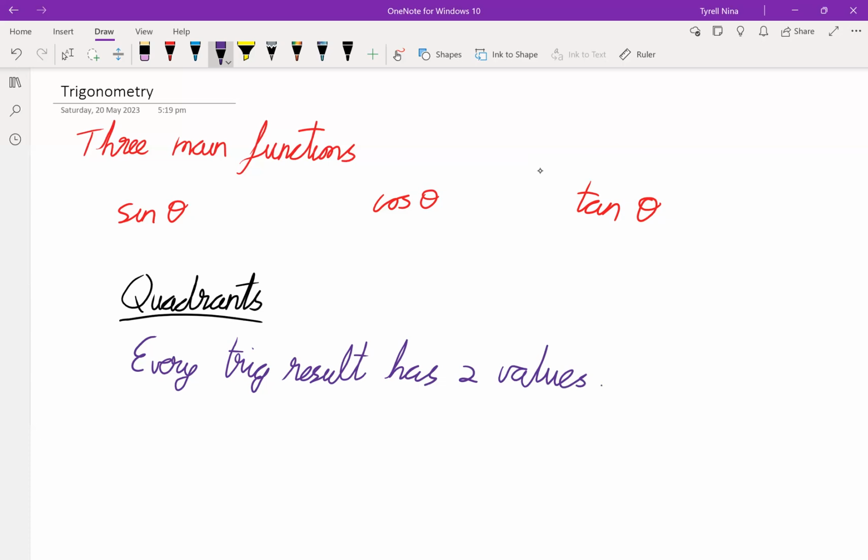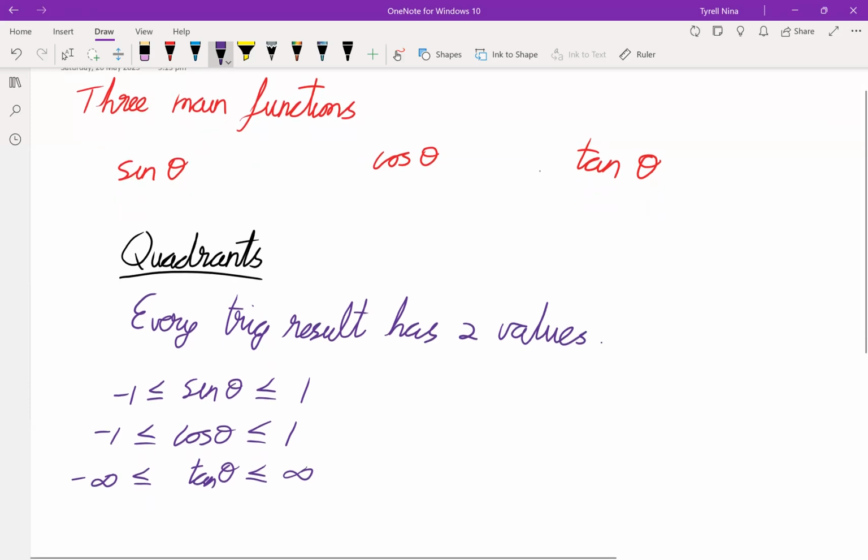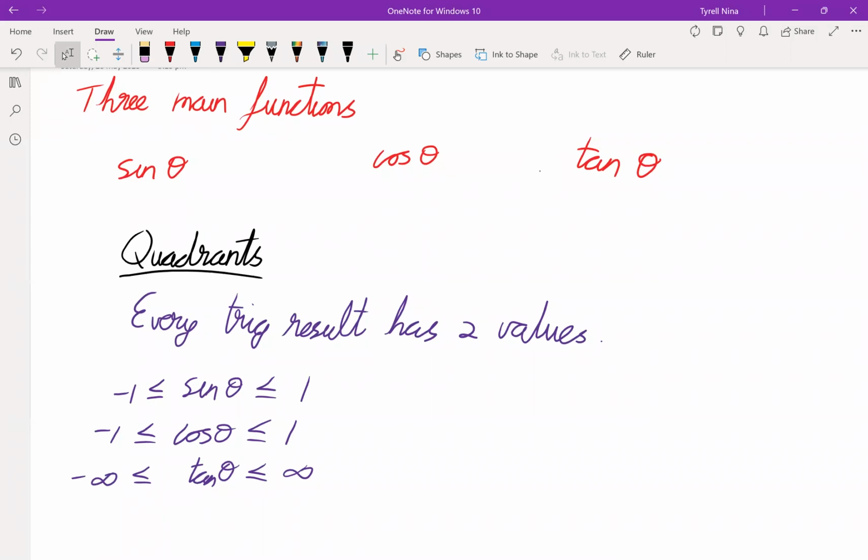So just remember -1 less than or equal to sine theta less than or equal to 1. -1 less than or equal to cos theta less than or equal to 1. And minus infinity less than or equal to tan theta less than or equal to infinity. So that means that sine and cos is only between 1 and -1, where tan could go to any value.